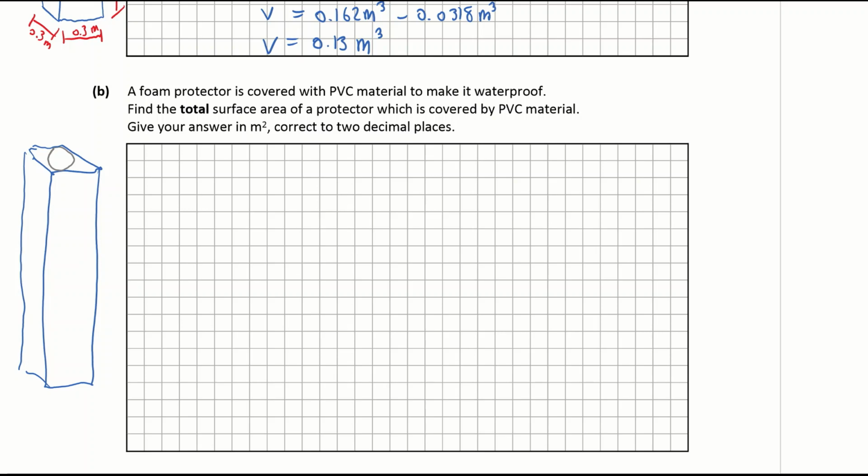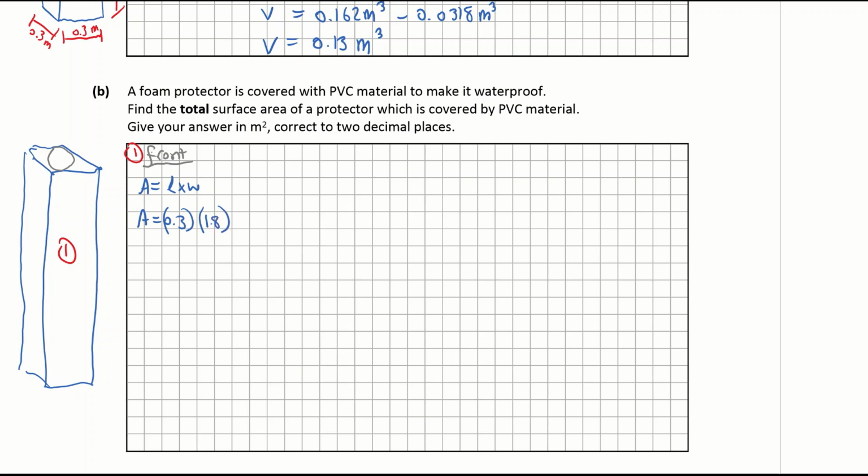So looking at a protector here, first thing I'm going to do is find the area of the front of the protector. So I'm just going to do out my front first. And the area is found by multiplying length by width. So this is my front, I'll call it part 1. That's this area in here. And length by width, so the length of the shape is 0.3 and the height of the shape is 1.8.